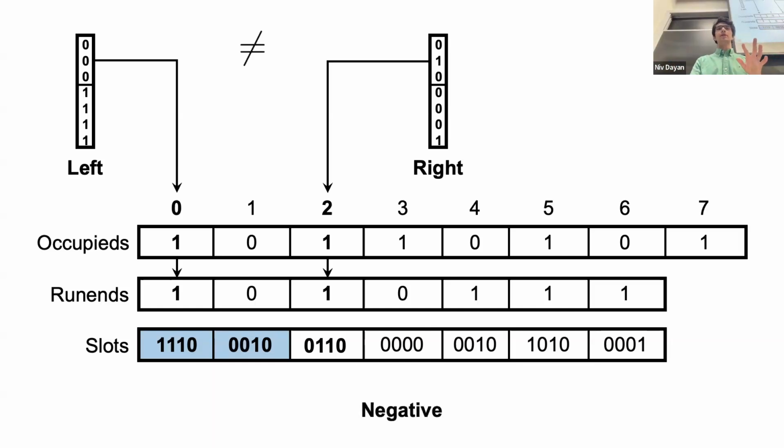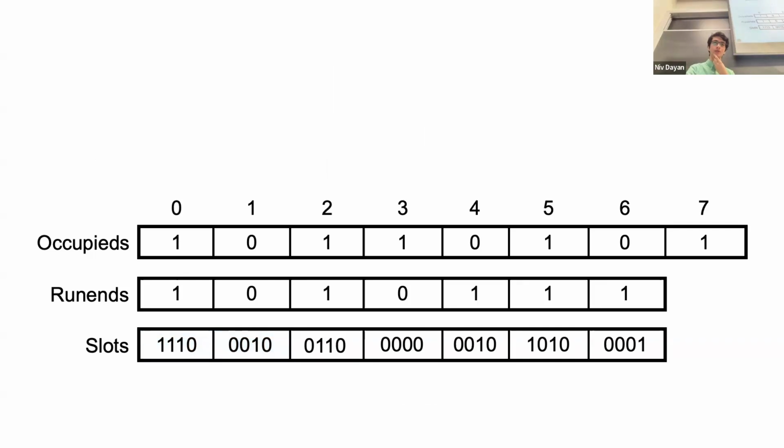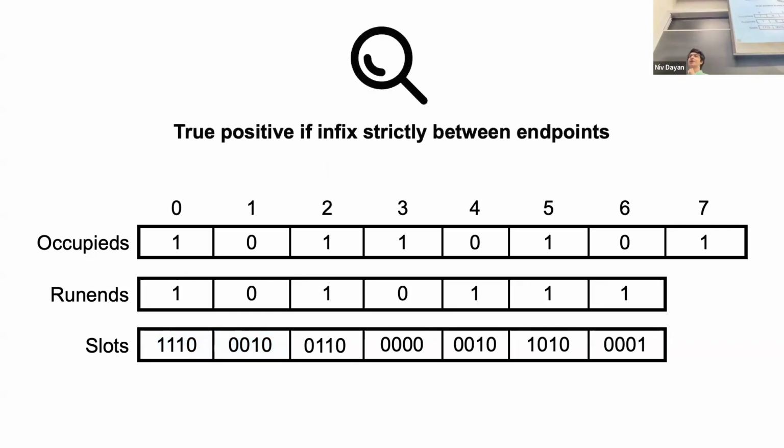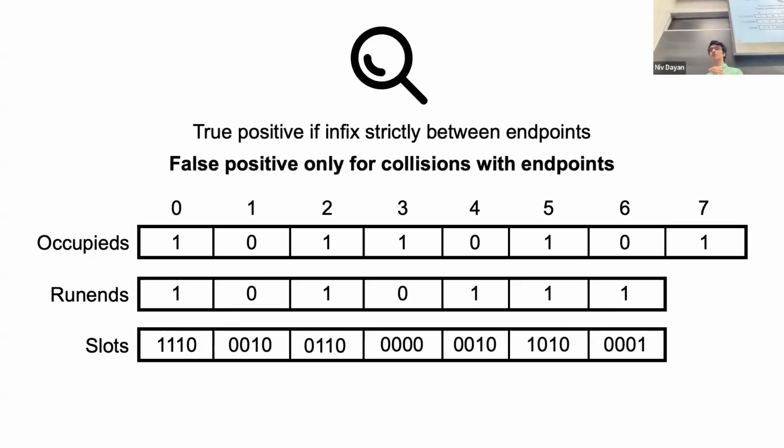Okay. So yeah, that's how Diva works. Again, we saw 2 interesting properties here. We saw that if you have an infix that's strictly in between the endpoints, because of the order preserving nature of the infixes, you get a true positive. So this implies that you only get a false positive if you have collisions with the endpoints themselves, right?